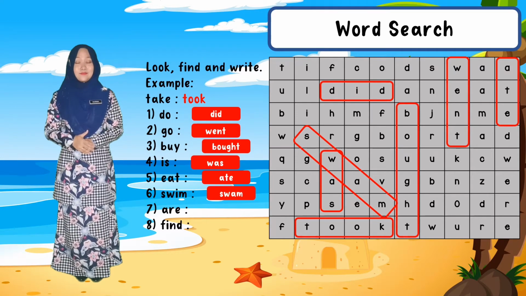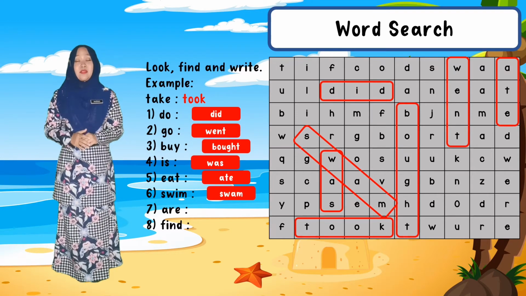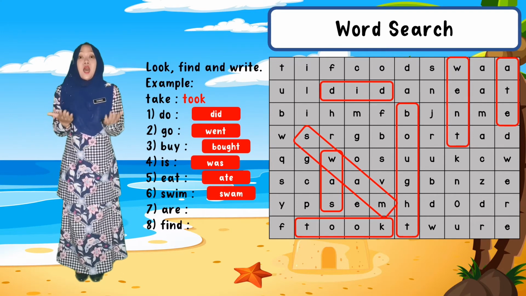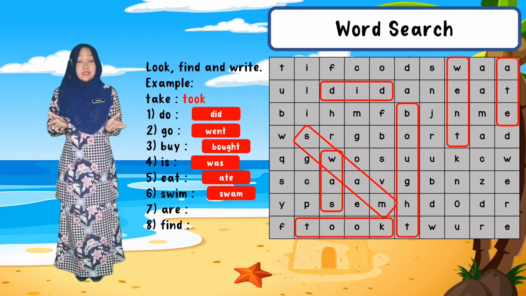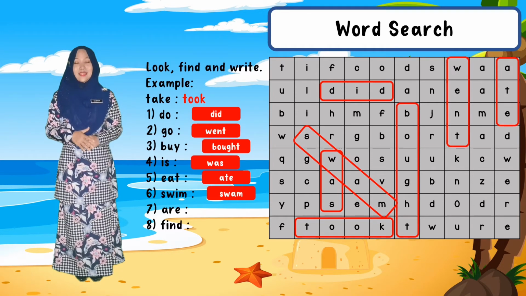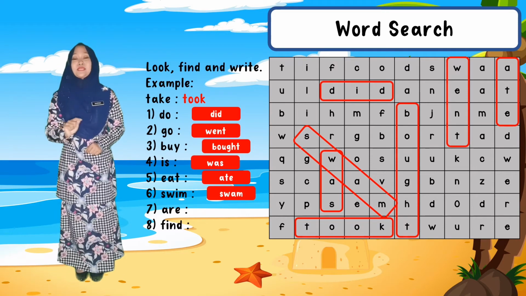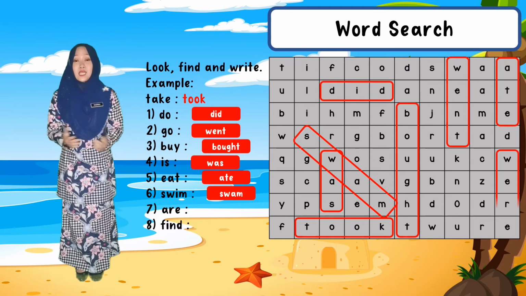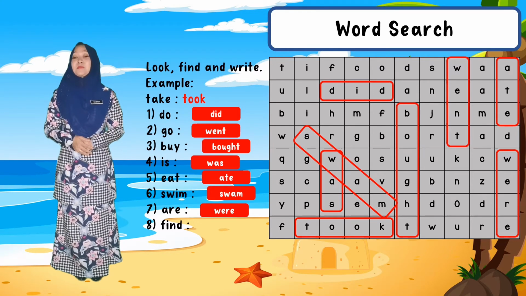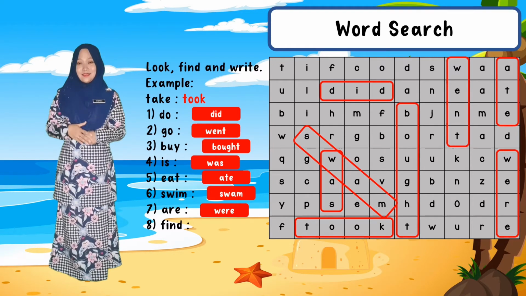Next, verb number 7. Are. Where is the past tense form of the verb are in the word search? It is from top to bottom. That is were. And the last one, verb number 8.